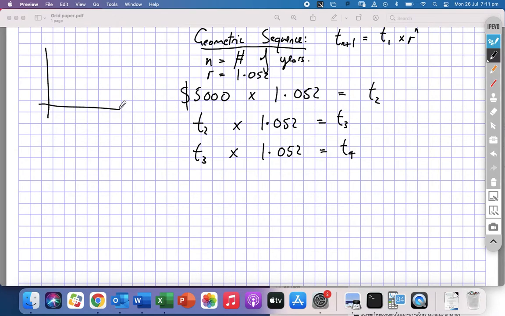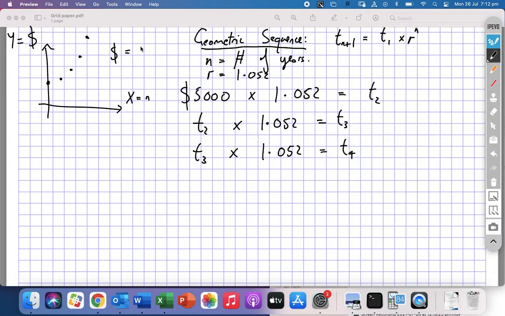Graphically, you start at 5,000 and then you earn a bit of interest and you earn a bit more and you earn a bit more and you earn a bit more, and you're effectively getting an exponential curve here, which hopefully you can see. It's y equals dollars, and then x is time in years, where we've used n for years.